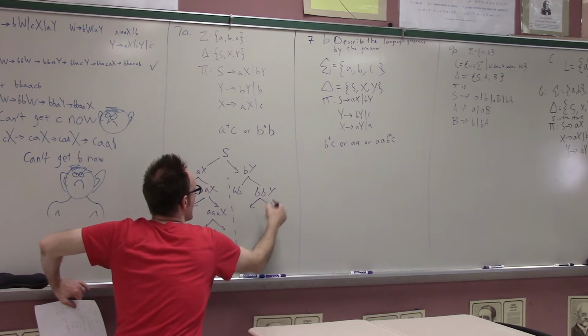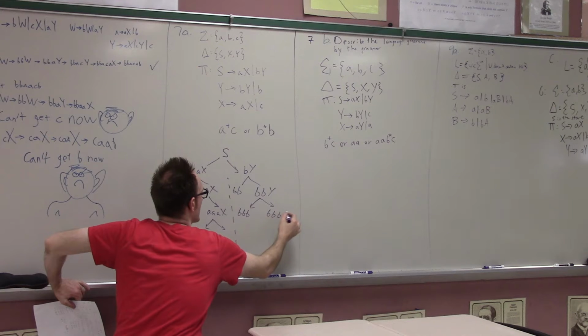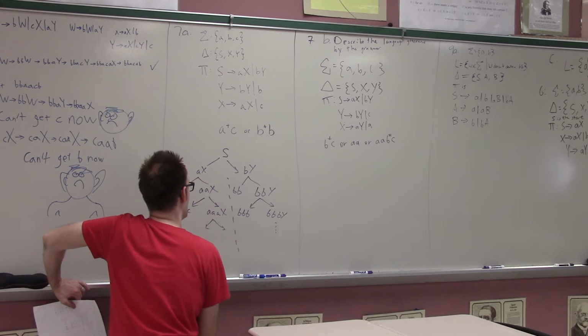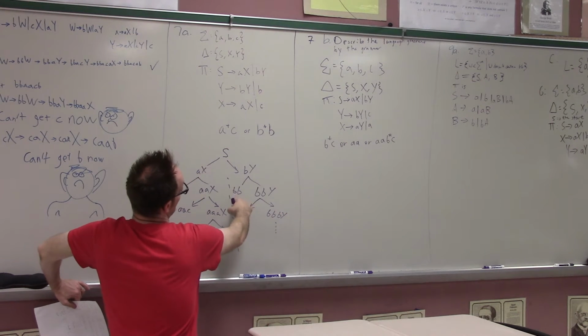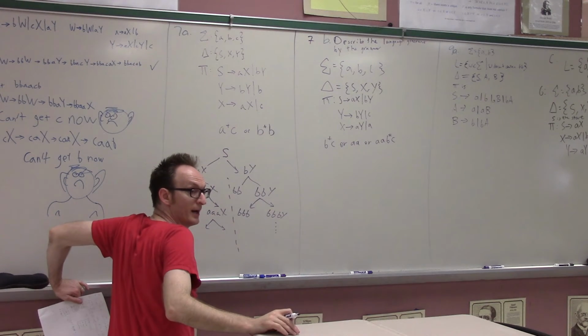Again, either I replace the Y with a B, so we get BBB, or with a BY, and so on. All of these strings are going to be a bunch of B's, but at least 2 of them. Hence the B plus B.